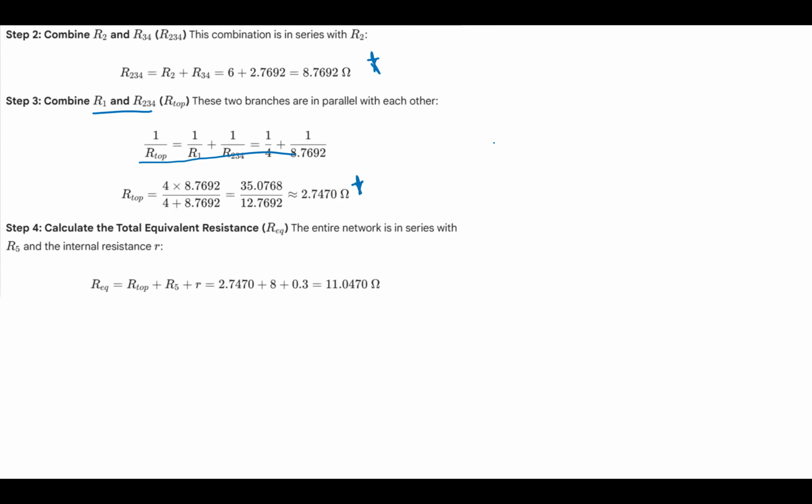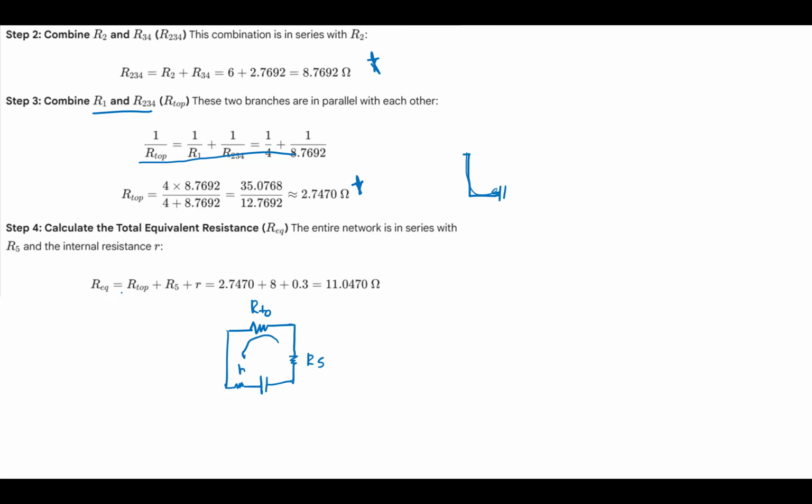And then eventually we have, sorry, the top, R5. So then they are all in series.